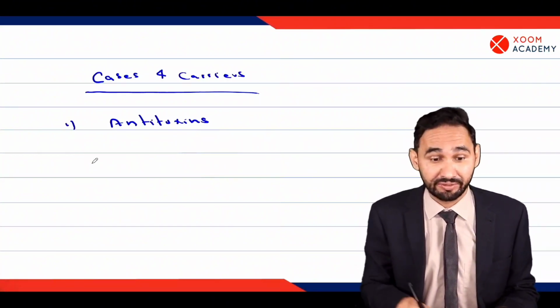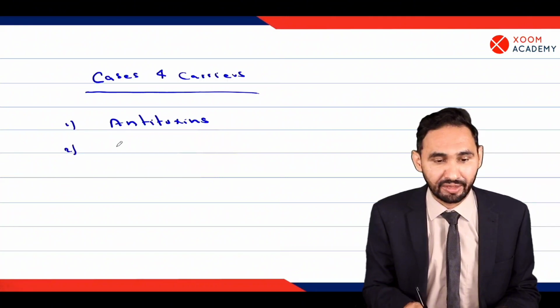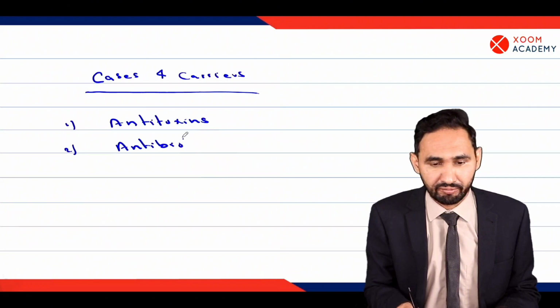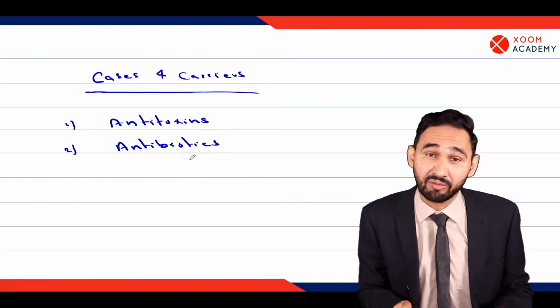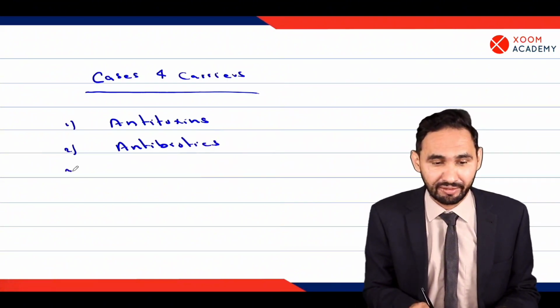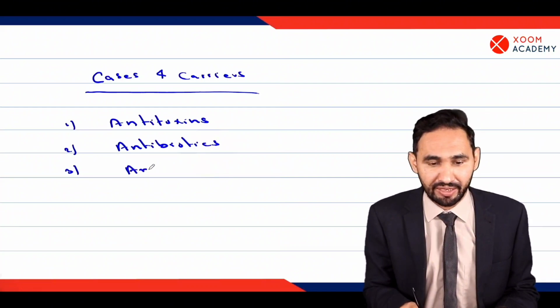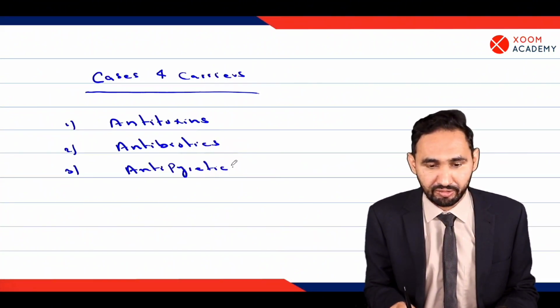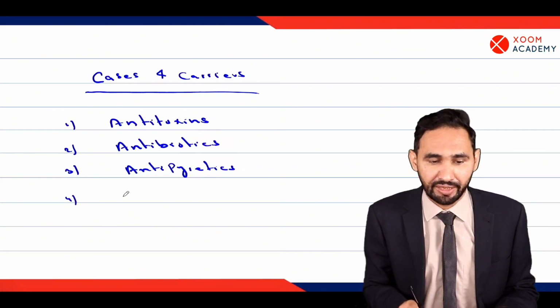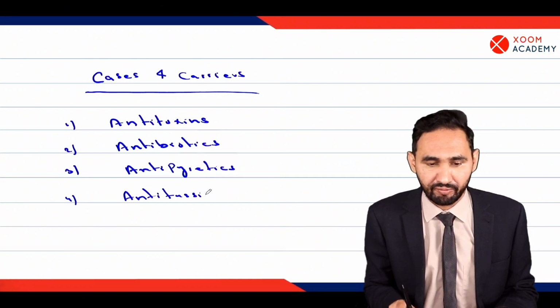The dose is very different. Second, we can give antibiotics like erythromycin and penicillin. Then we can give antipyretics to reduce fever. We can also give antitussives to reduce cough.